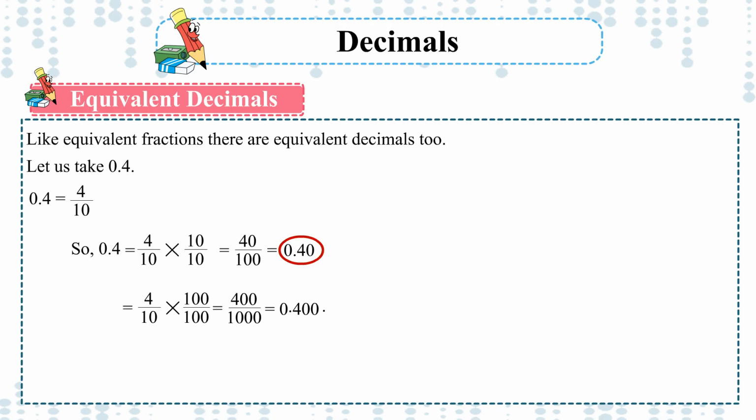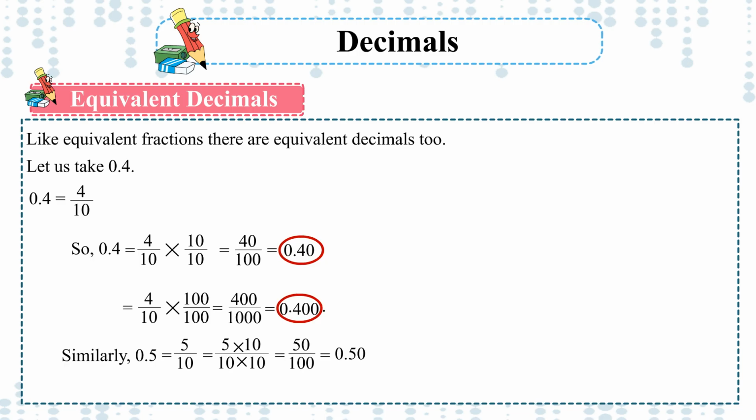This is equal to 4 upon 10 multiplied by 100 upon 100, which is equal to 400 upon 1000, which is equal to 0.400.